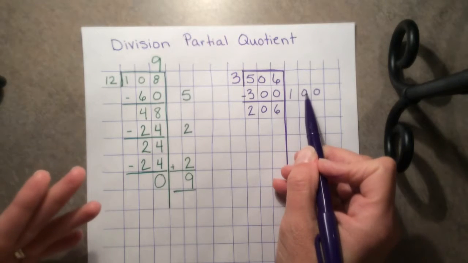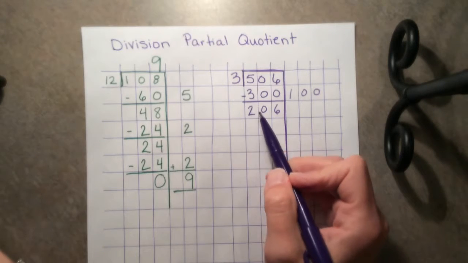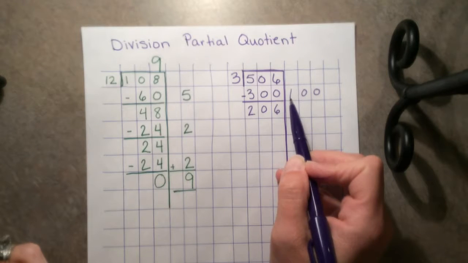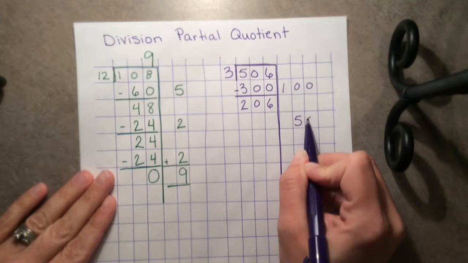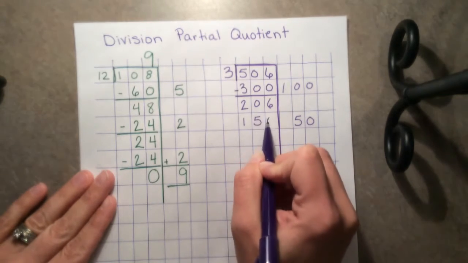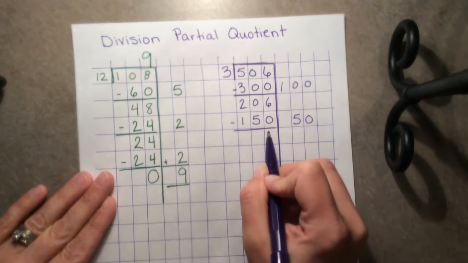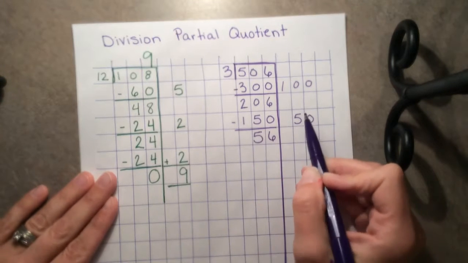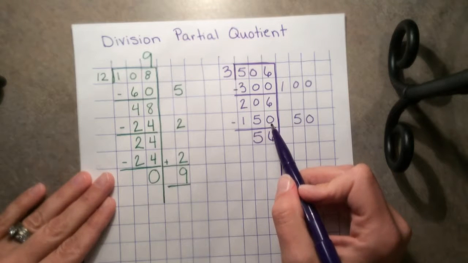Well, 100 times 3 is 300, so I do not have enough for another group of 100. But I do know that 50 times 3 is 150. This way, we're quickly reducing the amount needed to divide by.